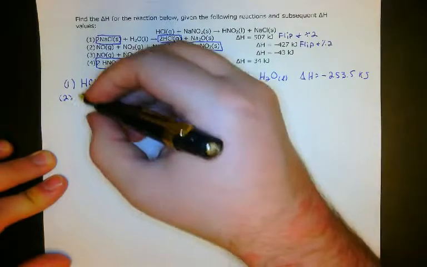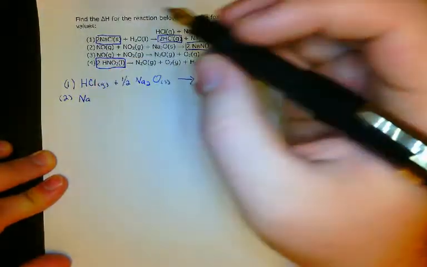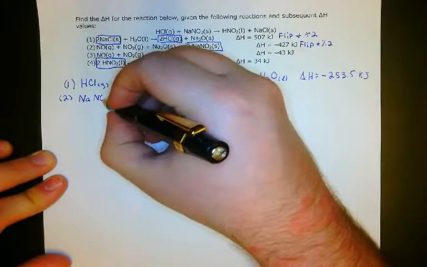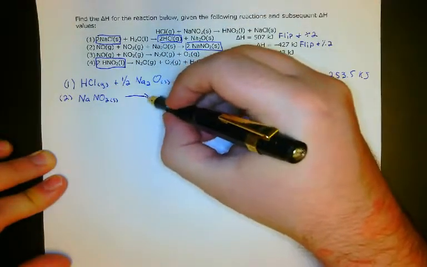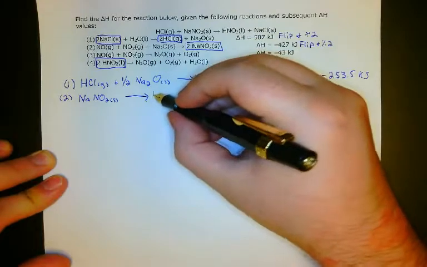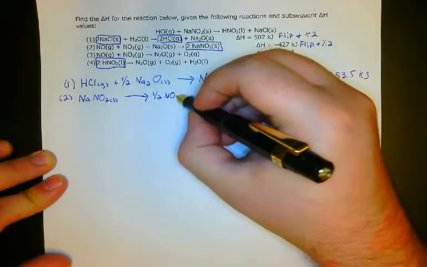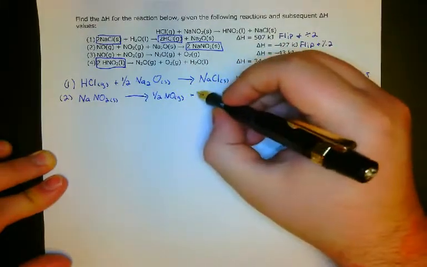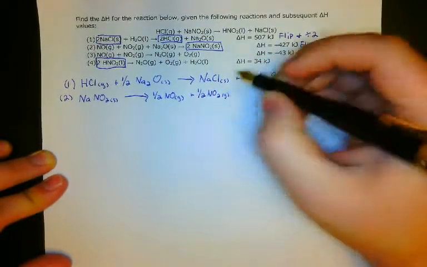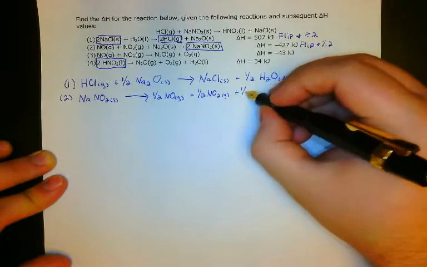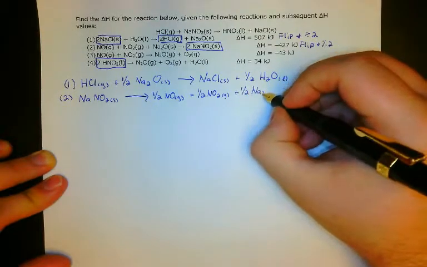So I will get NaNO2 as a solid, and it is going to decompose to give me 1/2 NO, 1/2 NO2, and 1/2 Na2O.